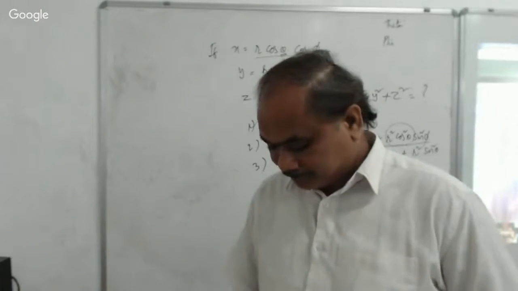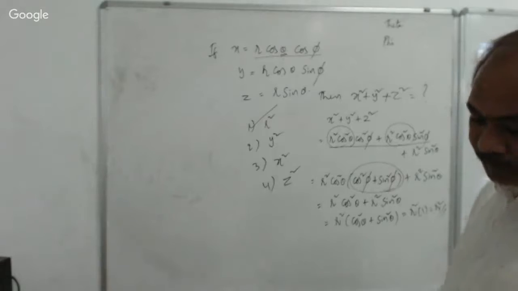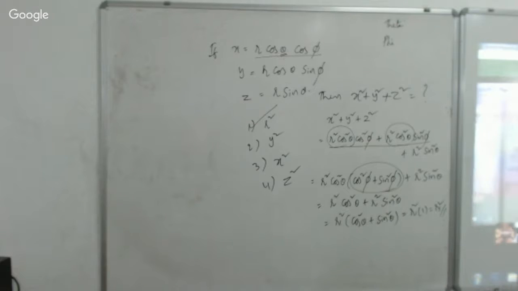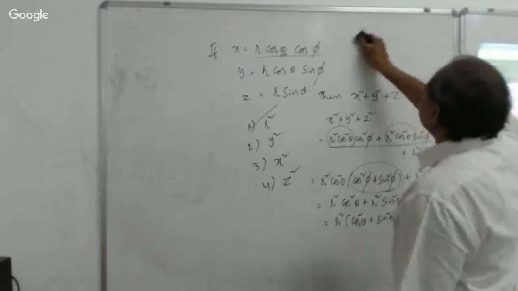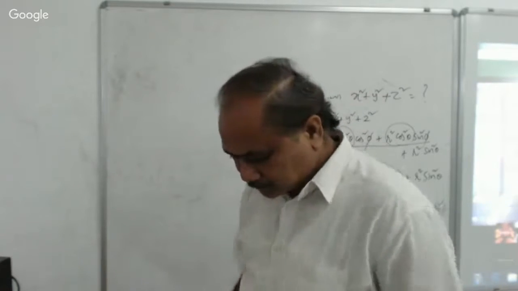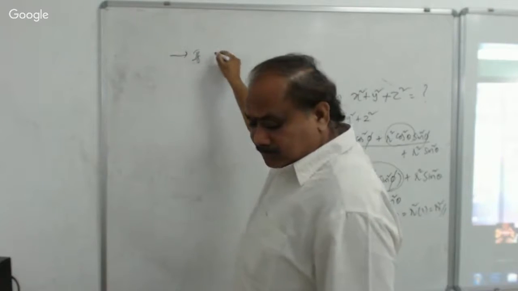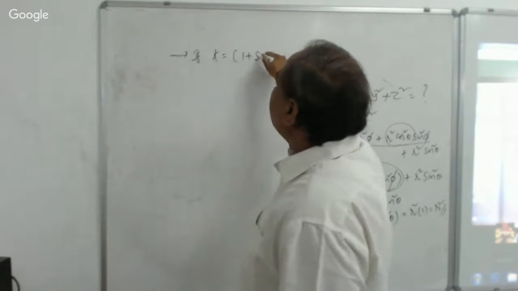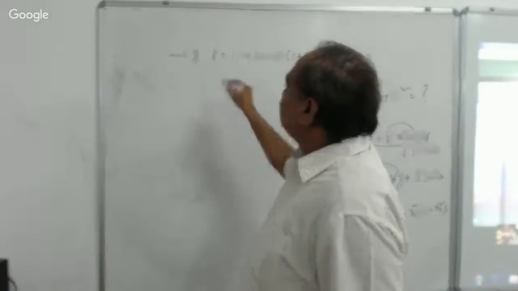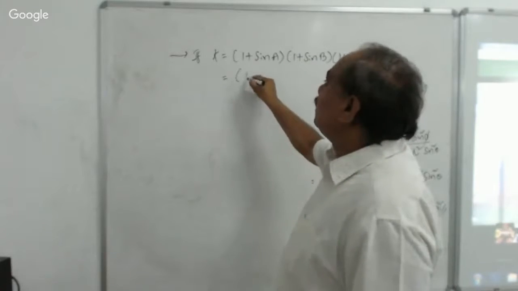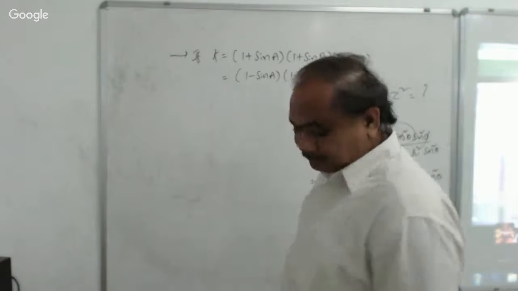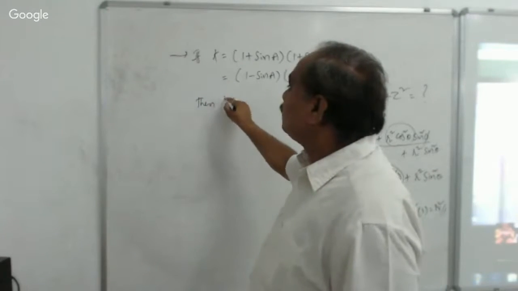Next question. If k equal to 1 plus sin A into 1 plus sin B into 1 plus sin C, that is also equal to 1 minus sin A into 1 minus sin B into 1 minus sin C, then k equal to what?